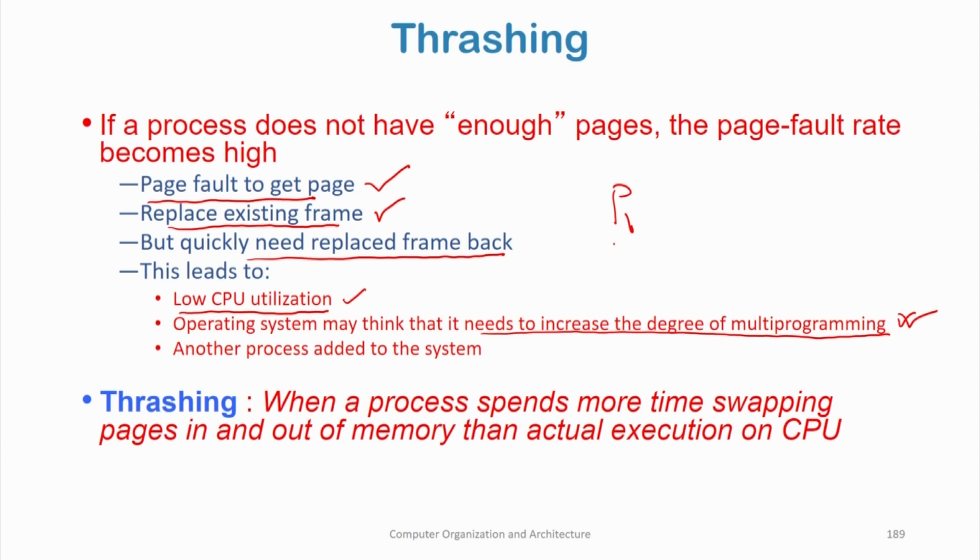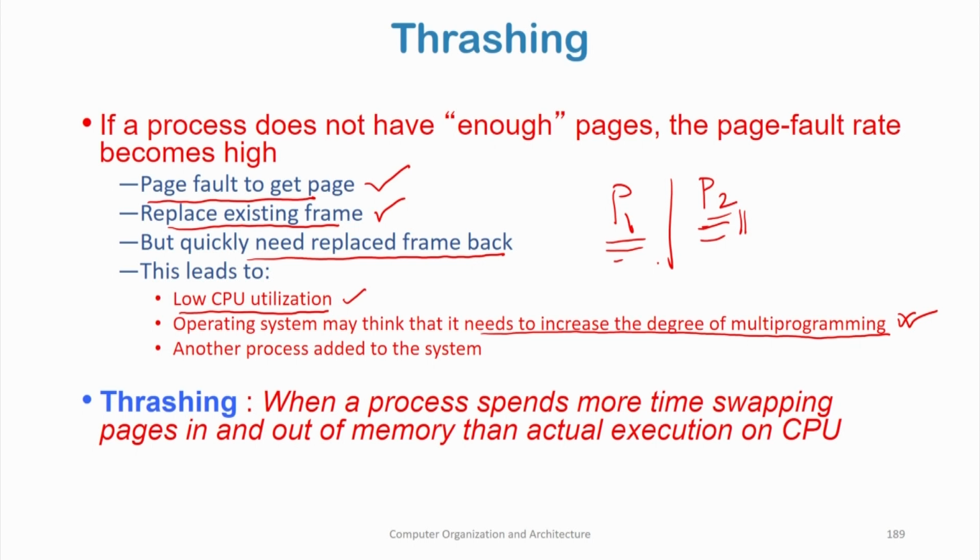Suppose I have a process P1 which is continuously doing page faults because it does not have enough frames in memory, and I have process P2 which has enough frames to keep all its active pages in memory. P1 does not have enough frames to keep all its active pages in memory.